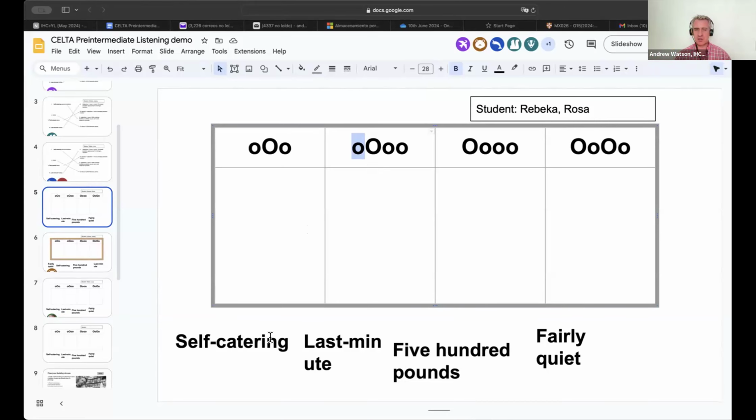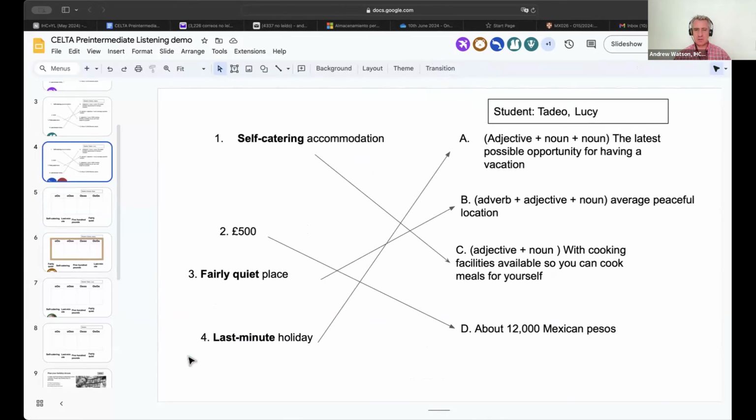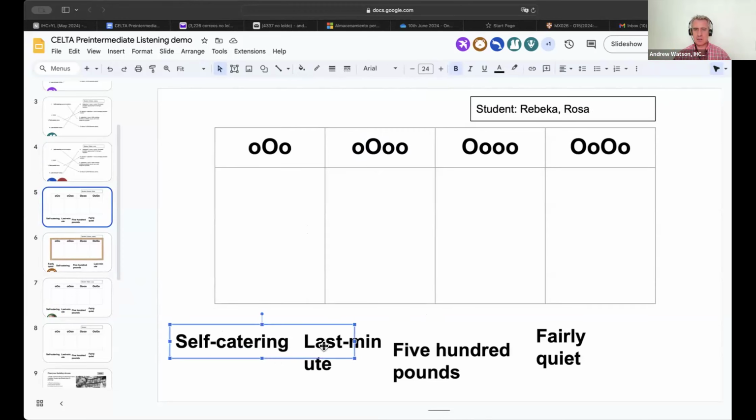So read out the words to yourself silently. Self-catering. Last minute. £500. Fairly quiet. Count the number of syllables. How many syllables in self-catering? Say the word to yourself. Count them on your fingers. Self-catering. How many?